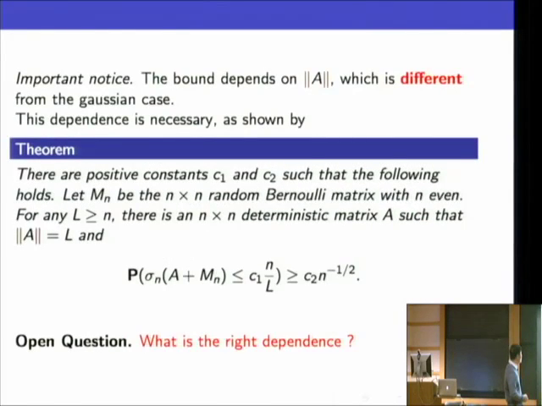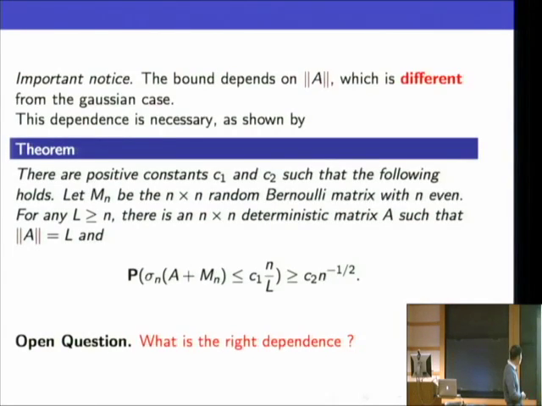Another important point is that the bound, as I mentioned, depends on the norm of A, which is different from the Gaussian case. But it's not only different, it is indeed necessary. I can construct a Bernoulli matrix where you have the reverse inequality.